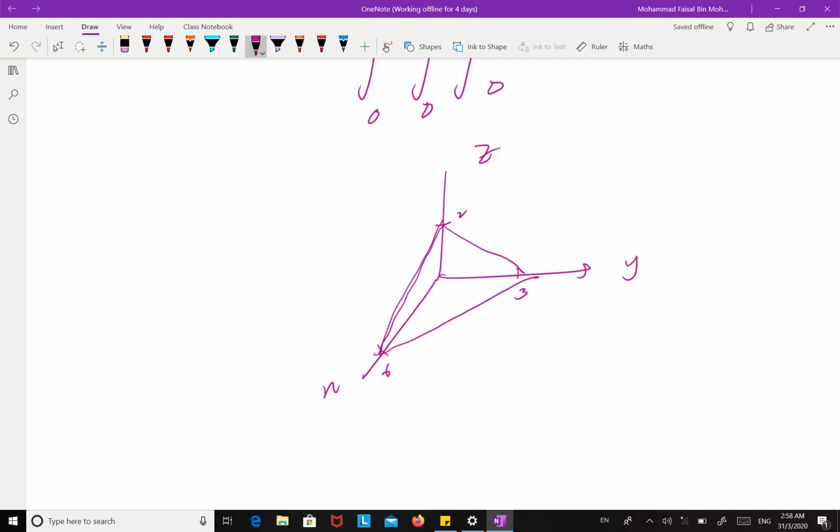Because this is a triangle, I can see this is another triangle, another triangle. This represents the yz simplex, this is the xy simplex, and this is the xz simplex. Okay, type 1, type 2, type 3. Okay, hope you can understand.